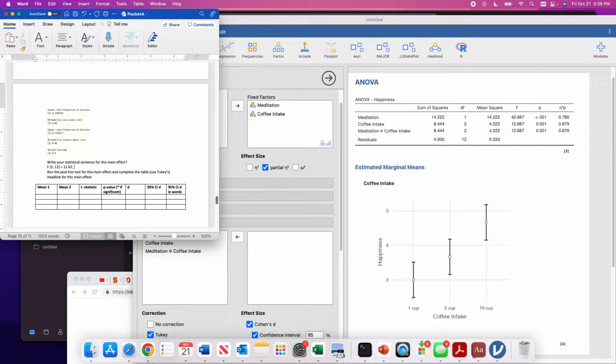If I mess it up, I will deal with that. P equals 0.001. That's from right here.